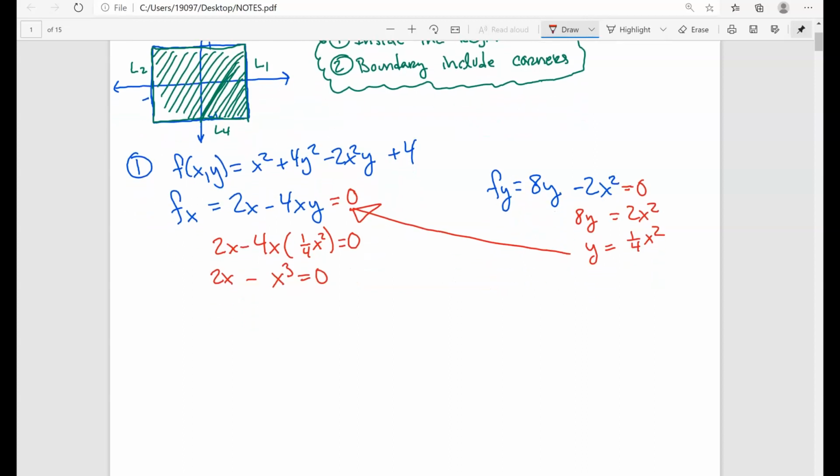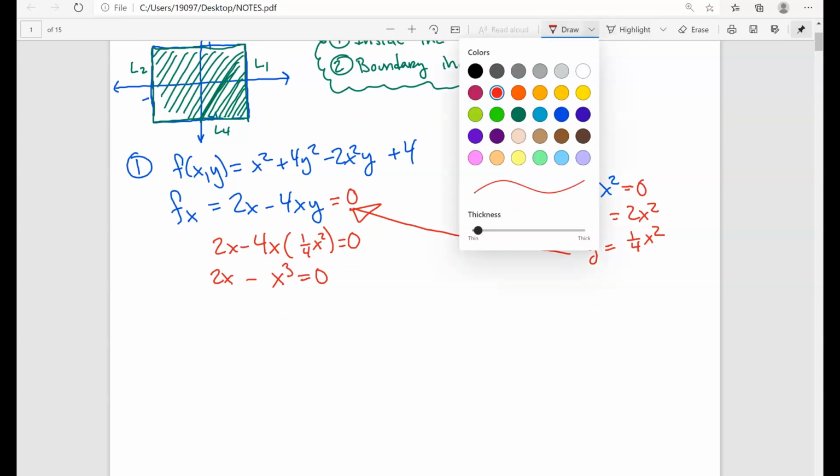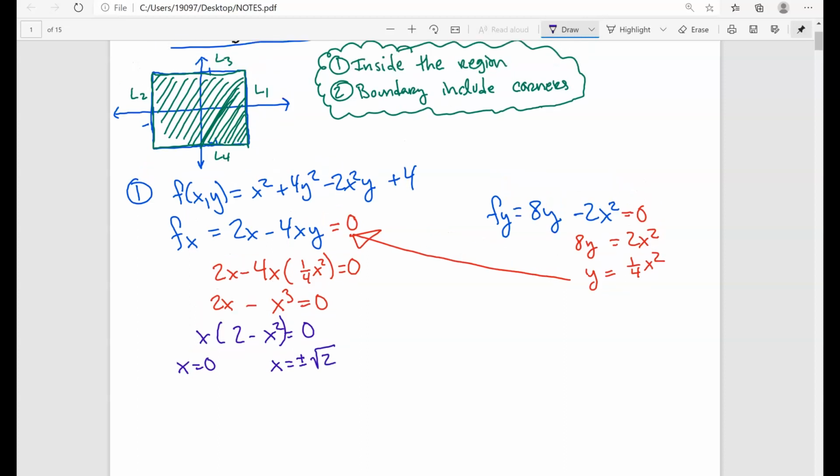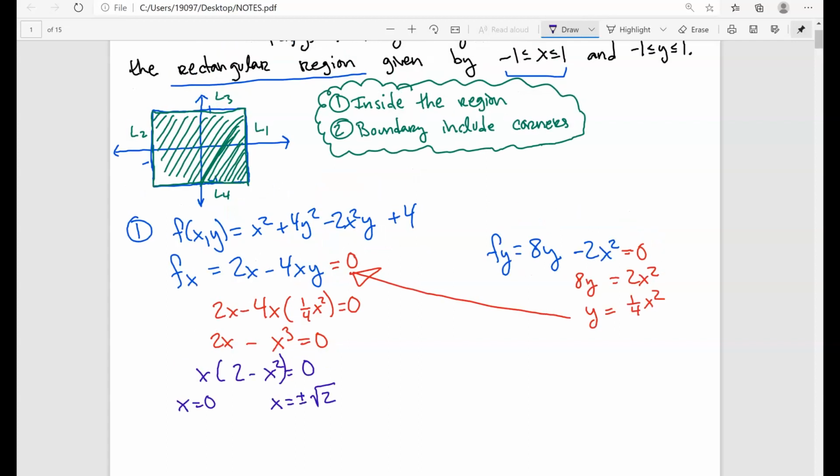Remember that we're not going to divide by x. Instead, we're going to factor x. So x times 2 minus x squared equals 0. So we have x equal to 0, and x equal to plus or minus square root of 2. Now, if you remember, square root of 2 is not in this region.